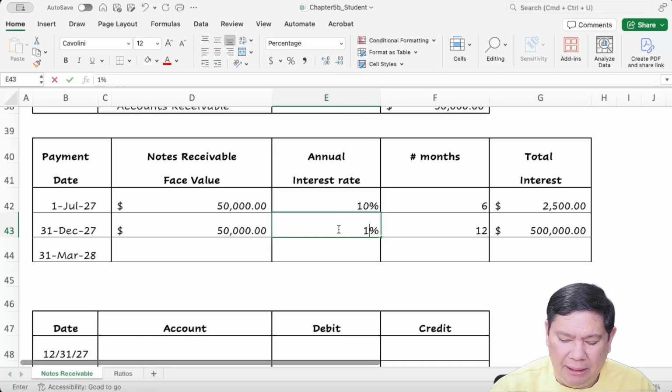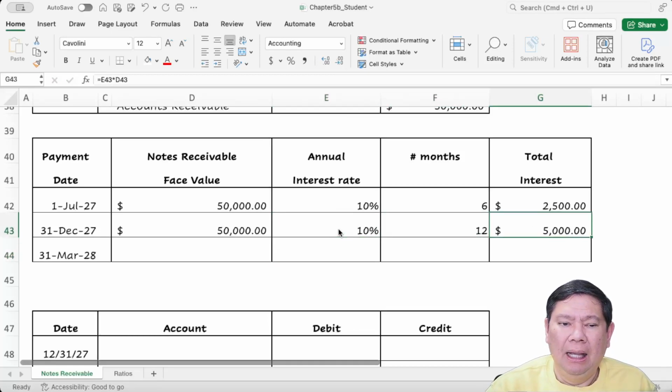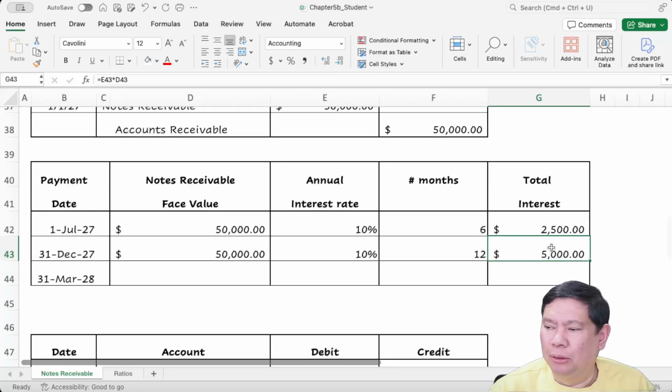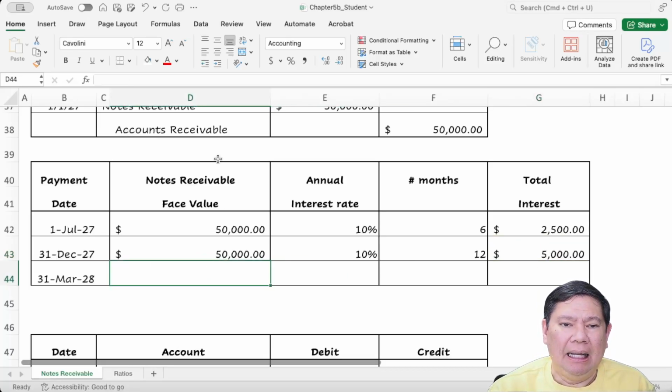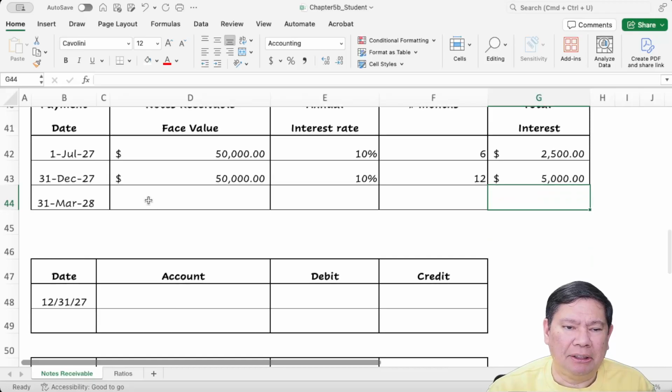Okay, 10%. So the interest for the whole year is $5,000. Okay, and then the next one is if it's paid March 31st, 2028.